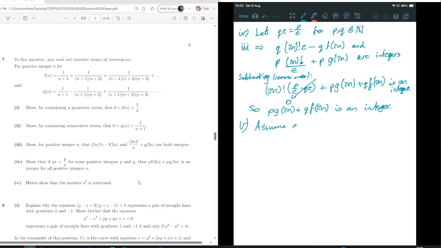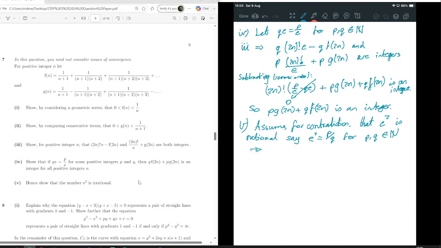So let's assume for contradiction that e squared is rational. Say e squared equals p over q for p over q positive integers. We know they can both be positive because e squared itself is going to be positive.